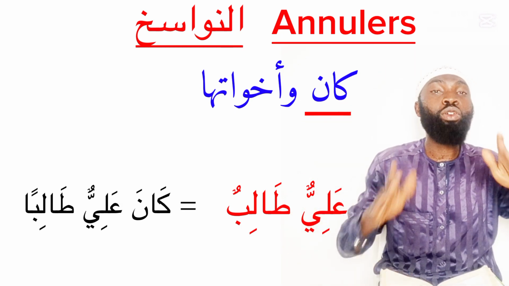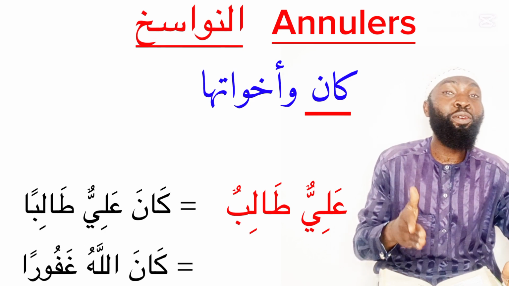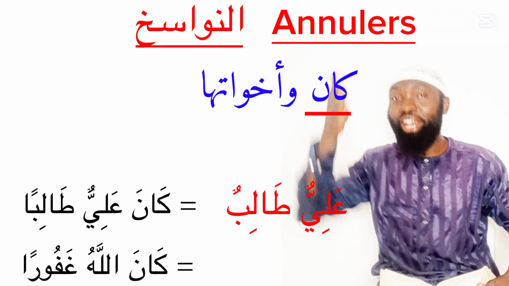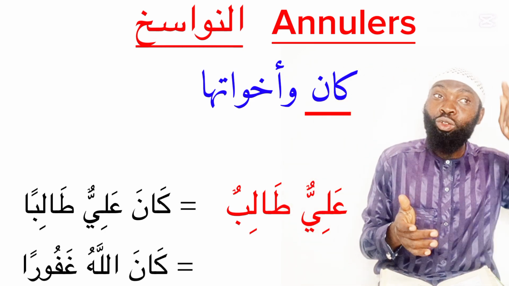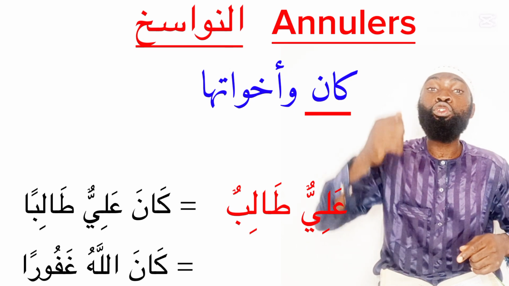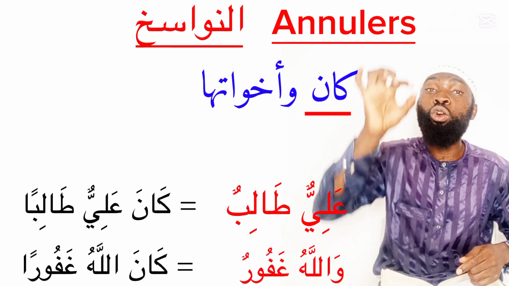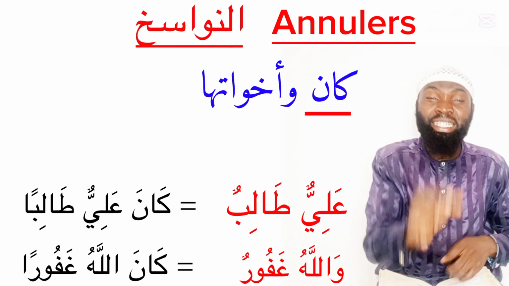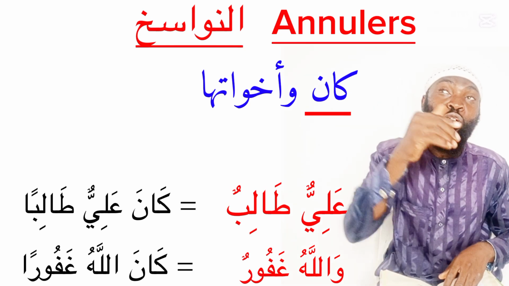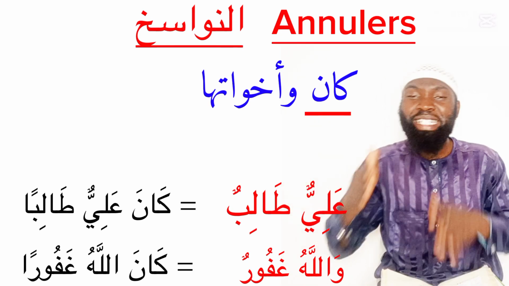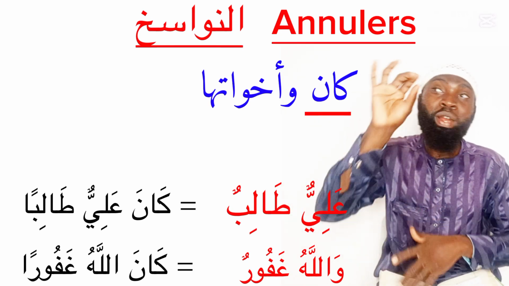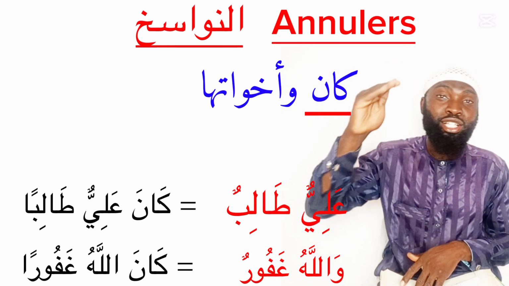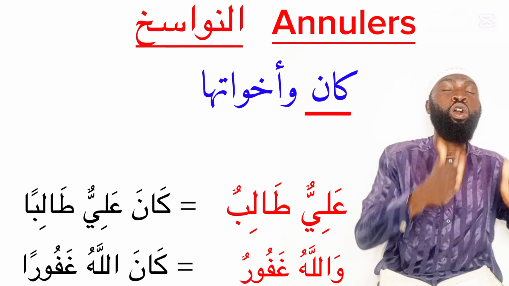That's why we have wa kana Allahu ghafuran rahima. Originally it was wallahu ghafurun rahimun, but when kana enters into it, it becomes kana Allahu ghafuran. So it means that the khabar, the predicate, will have to change its ending into fatha. This is the work of kana.